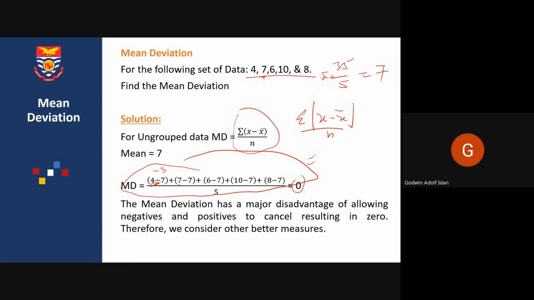So we're now going to have 4 minus 7 in block plus 7 minus 7 in block, which means that every negative answer will be considered as positive. And then we sum them up and divide it by 5. So let's simplify that one quickly.